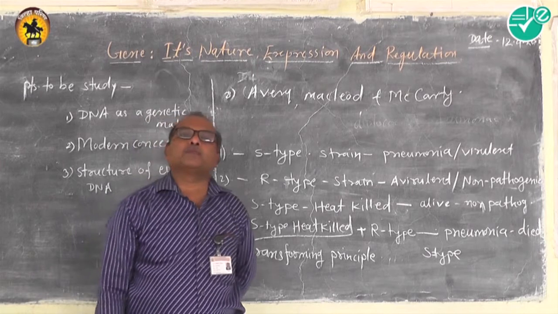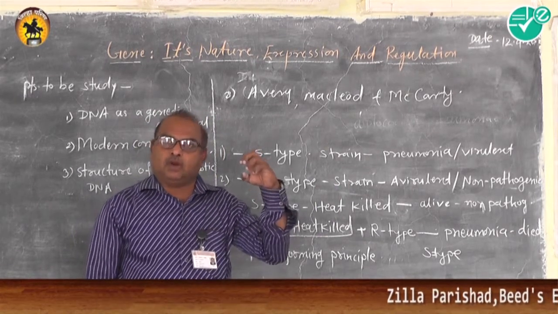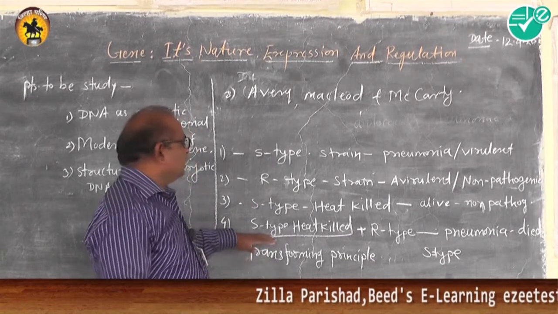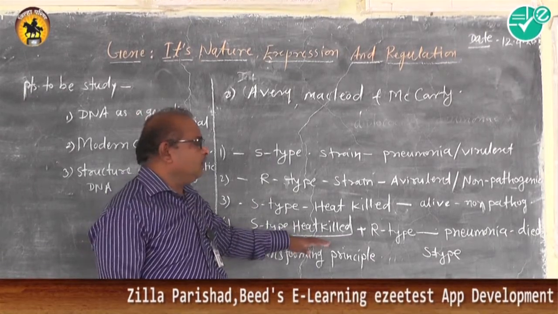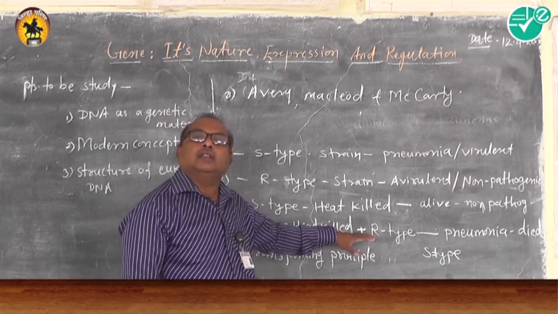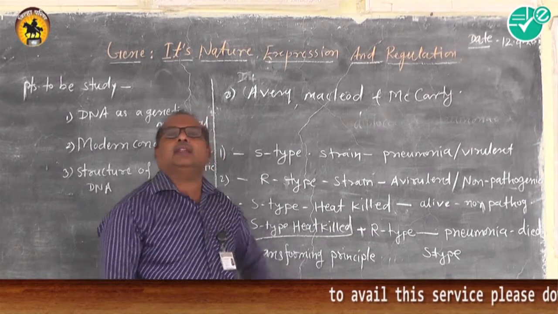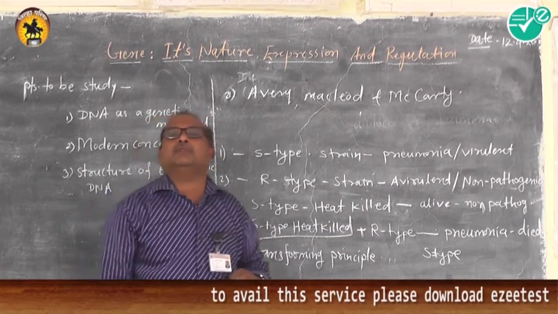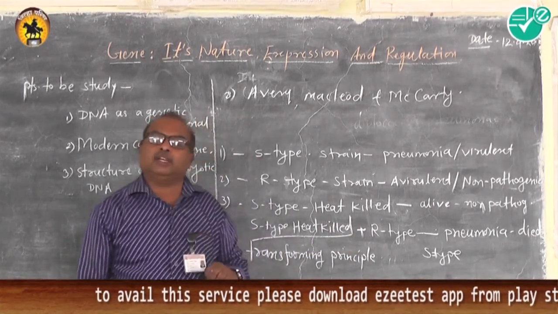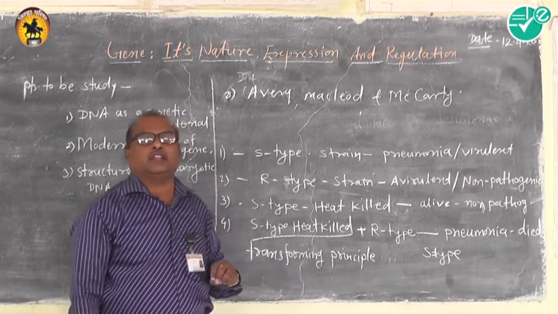What did they do? They obtained the S-type strain, which was obtained in the fourth set by Griffith, isolated from that fourth set. Now they made a test tube assay for this experiment.